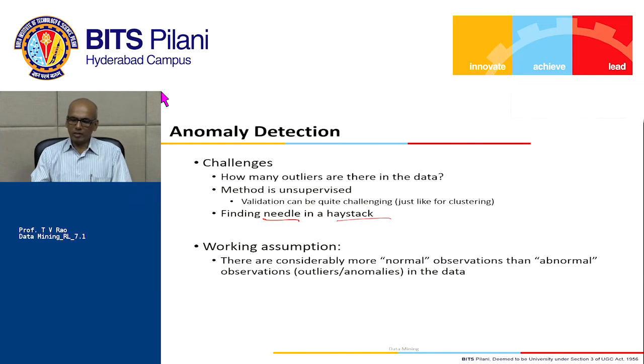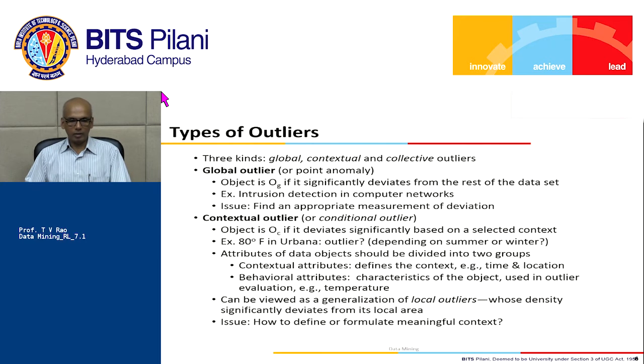In fact, this is the working assumption with which outliers need to be studied, that there is far more normal data compared to outliers. If we want to classify or find out the types of outliers, we may categorize them using one approach: global, contextual, and collective.